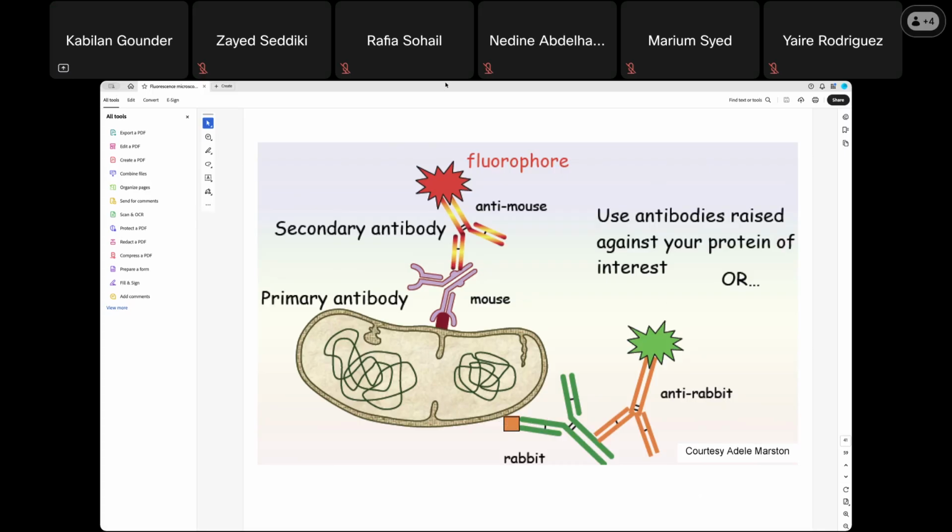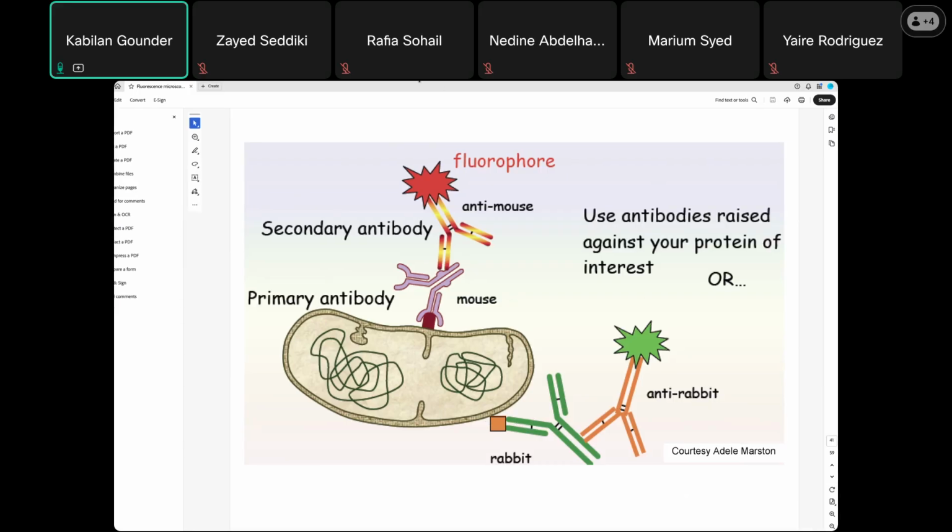The thing here is to use antibodies raised against your protein of interest. That is the most important thing. And the secondary antibody should be against the same species as the primary. If the primary antibody is raised in rabbit, the secondary should be anti-rabbit; then only it can recognize it. Similarly, if you use a primary antibody produced in mouse, then use the anti-mouse secondary antibody.